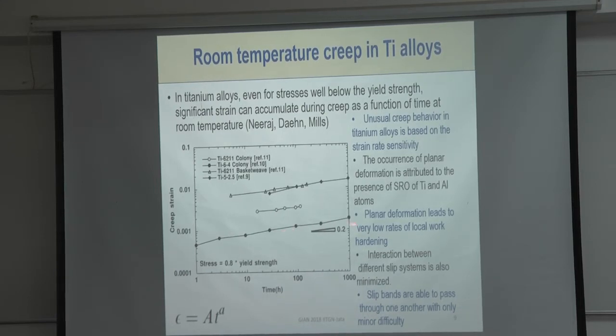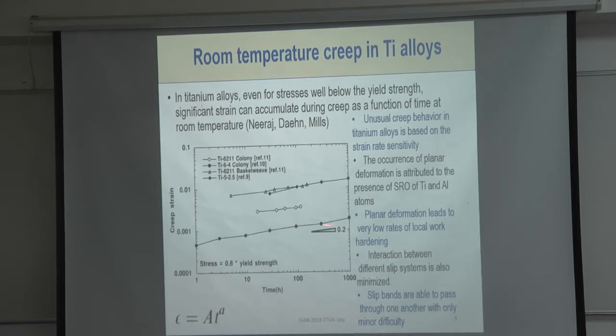And after 1,000 hours, it goes to just about, what am I talking about? Sorry, 0.003 creep strain. 0.2 is the slope.